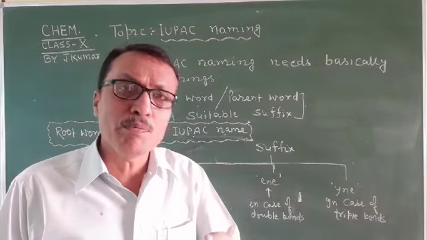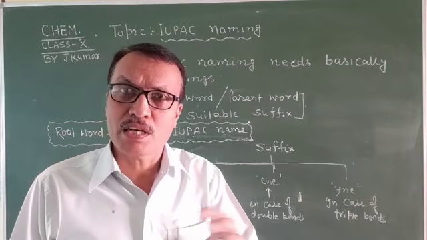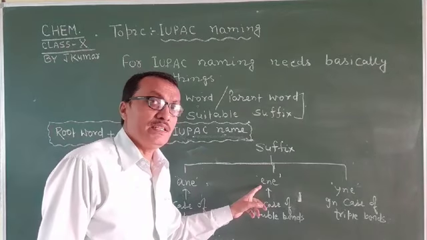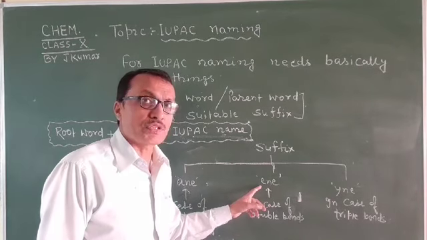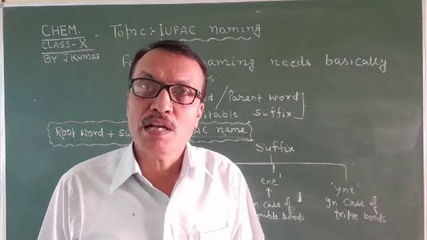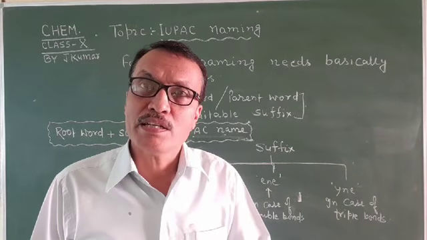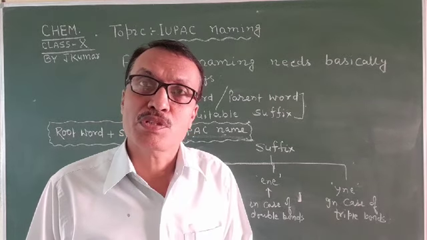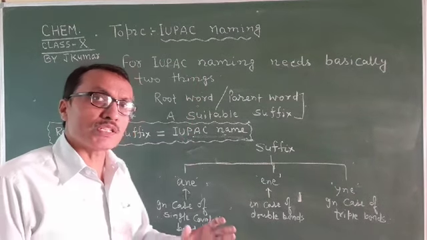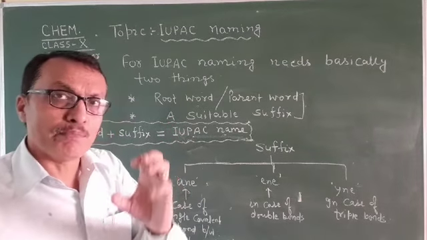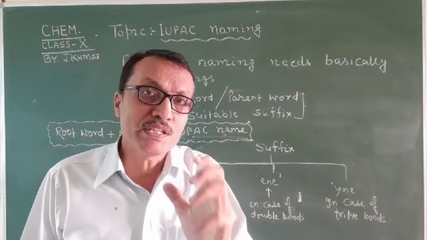If double bonds are present between carbon and carbon atoms, in that case suffix "ene" should be used, and if triple bonds are present between carbon and carbon atoms, in that case suffix "yne" should be used. And in this way, students, when you get these two things, you will be able to write the IUPAC name.